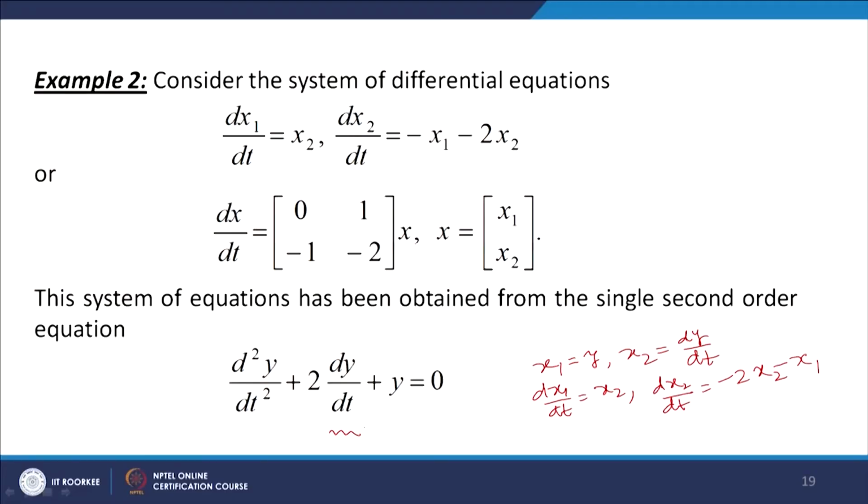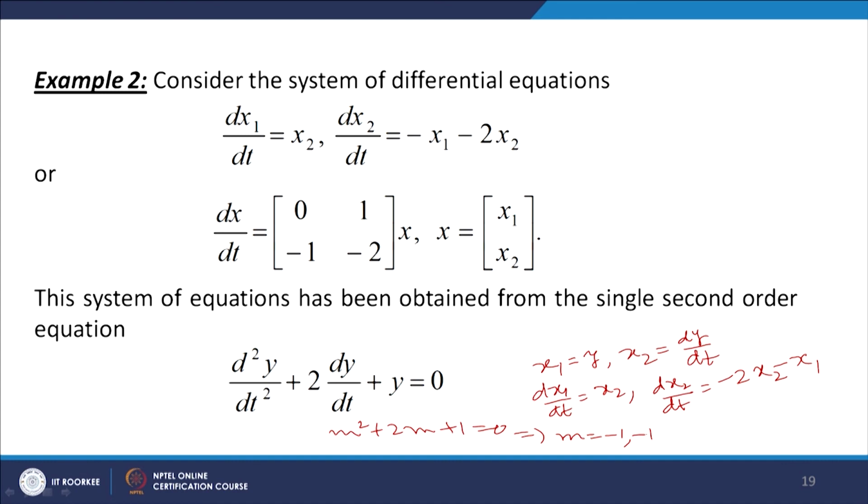Now, let us find the solution of this system of differential equations. First we will find the solution of this second order differential equation, which is a differential equation of second order with constant coefficients. We can write the auxiliary equation here: m square plus 2m plus 1 equal to 0, which gives us m is equal to minus 1, minus 1.